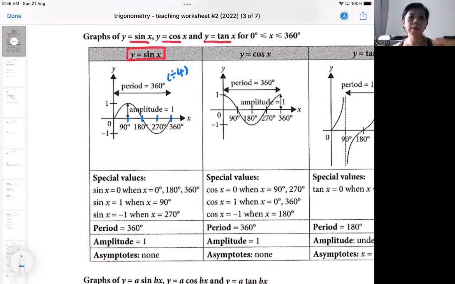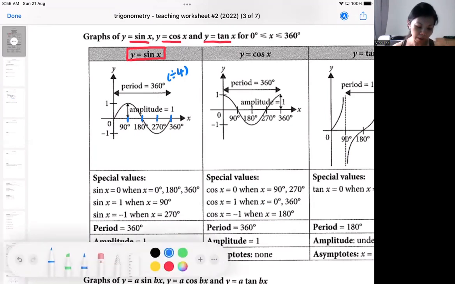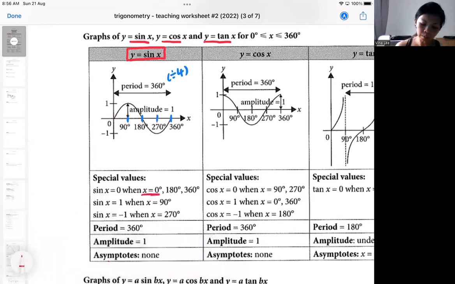There are some special values to guide you. What do I mean by special values? When x is equal to 0, you punch the calculator and it will be 0. When x is 180, you punch sine 180, you will get 0 as well.